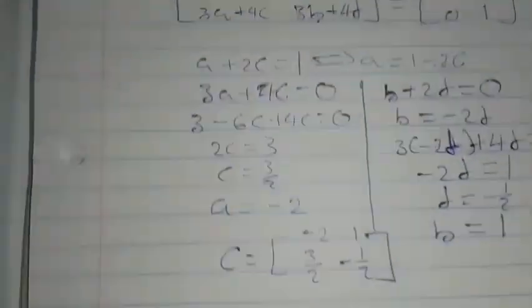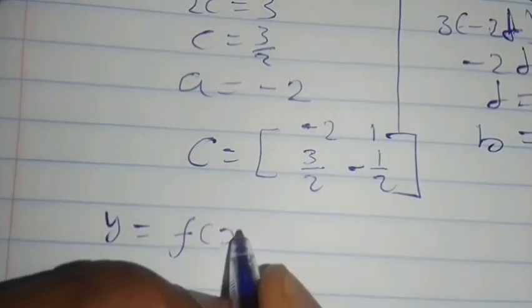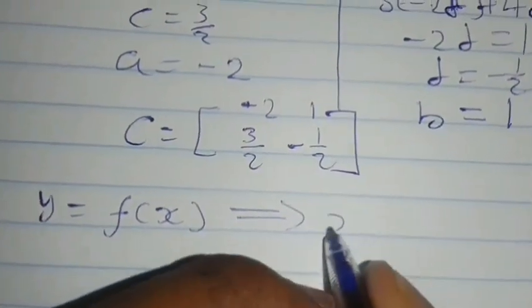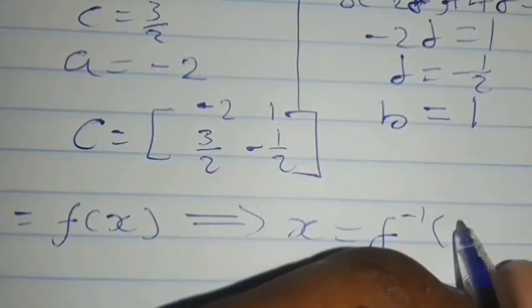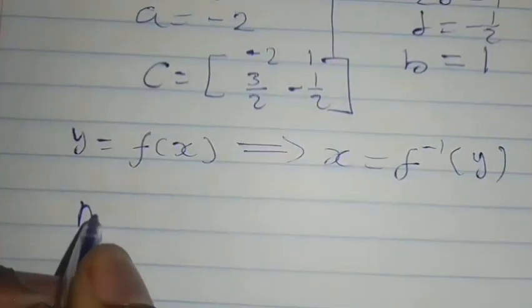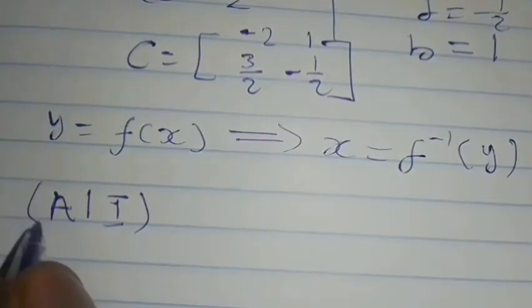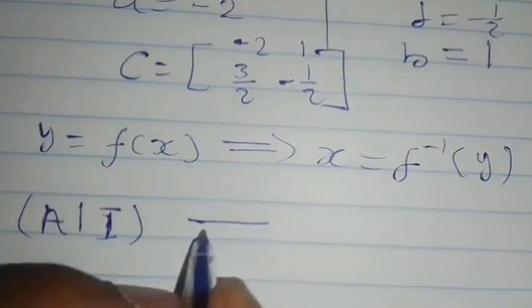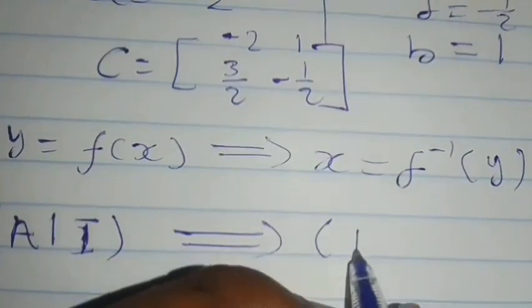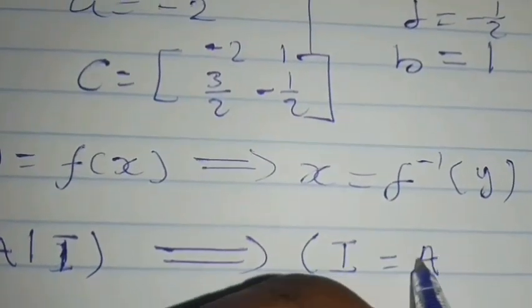So now there's another way you can solve this. Remember, if y equals f of x, then we know that x is equal to f inverse of y. Similarly, if we have A and its identity there, we can basically obtain something like this. Then we have A inverse of that.